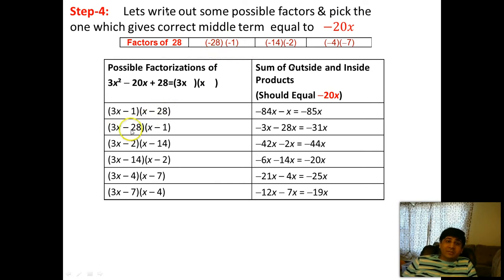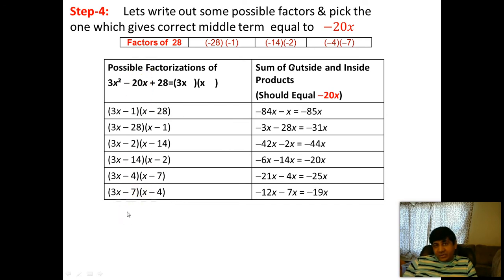Or we can also have 3x minus 28 and x minus 1. Now based upon this factorization, we can have 3x minus 2, x minus 14, or 3x minus 14, x minus 2. And based upon this factorization, we can have 3x minus 4 and x minus 7, and 3x minus 7, x minus 4. Now, these are all the possibilities.